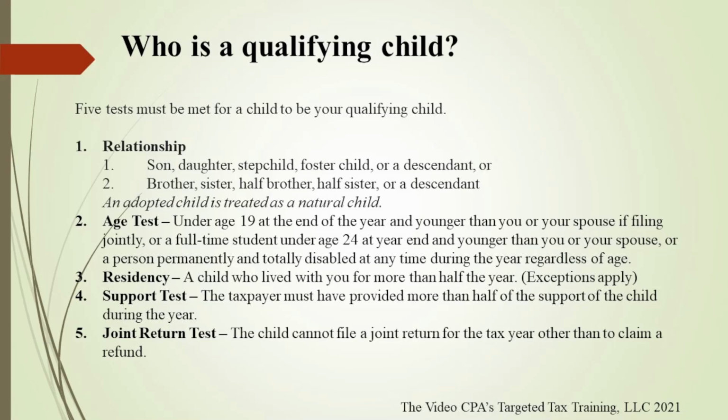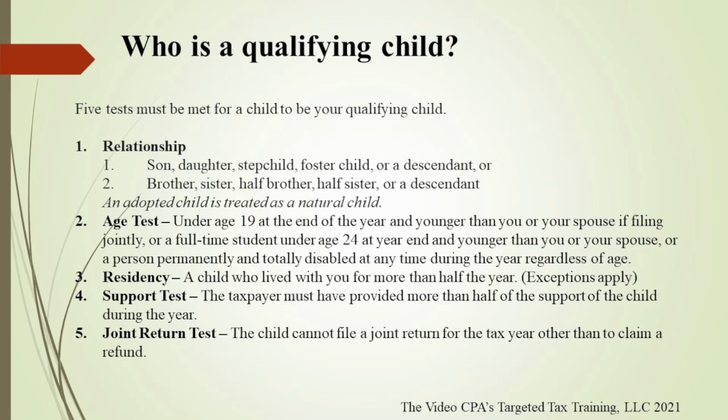Also, if they're permanently and totally disabled at any time during the year, regardless of their age, they will qualify as a qualifying child, as long as you meet the relationship test and these other tests. So if it's a handicapped individual that is permanently handicapped or disabled, there's no age test basically. That's what we're saying.